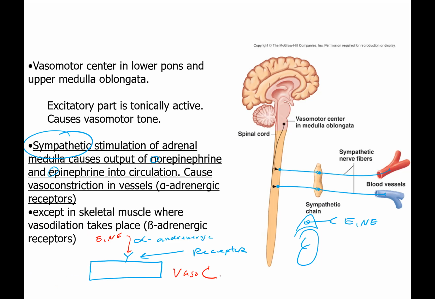On those tubes that have the alpha receptor, it's going to vasoconstrict. In those tubes that have the beta receptor, the beta adrenergic receptor, it is going to vasodilate.